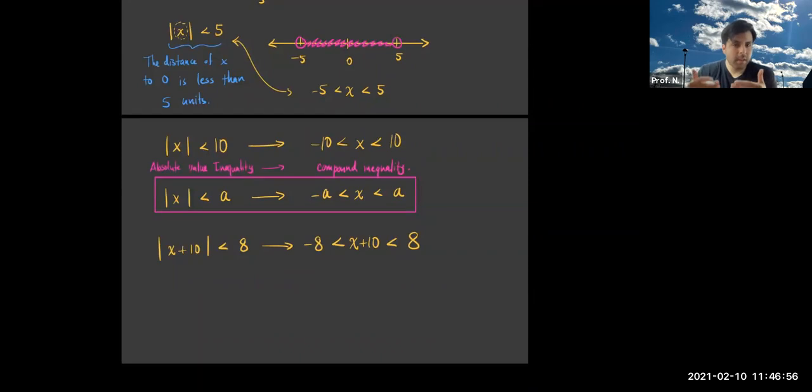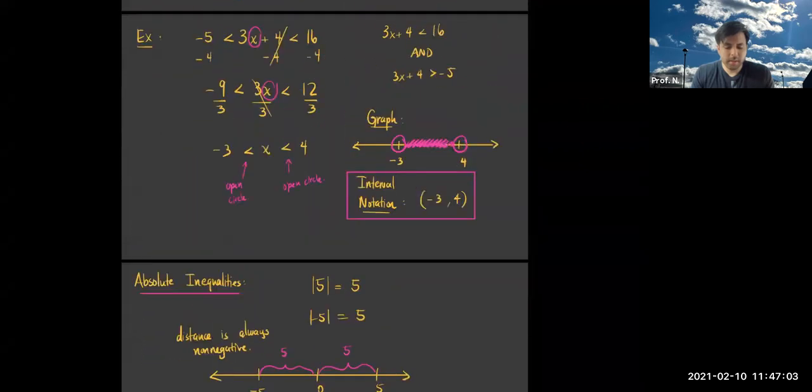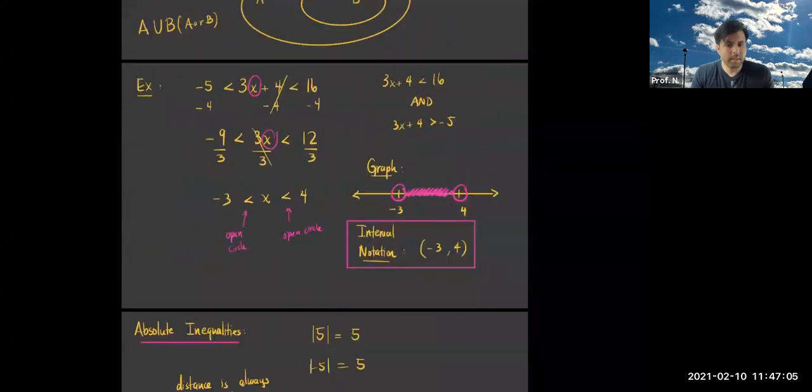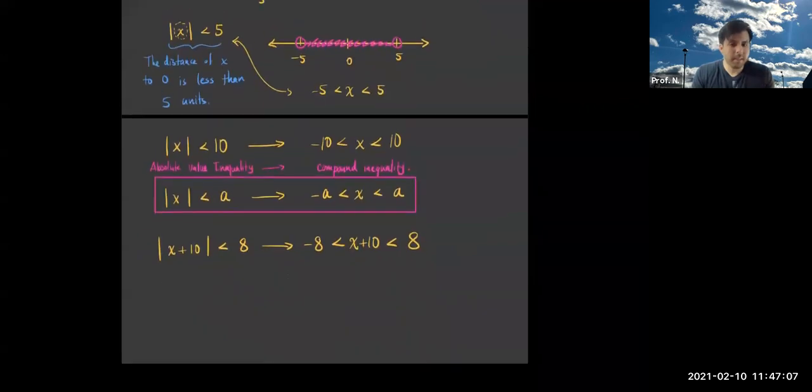And then can I further solve the compound inequality? I've done it already, right? We've already talked about solving a compound inequality such as this. So I want to get x by itself. Subtract 10, subtract 10. And I get x is less than negative 2, but greater than negative 18.